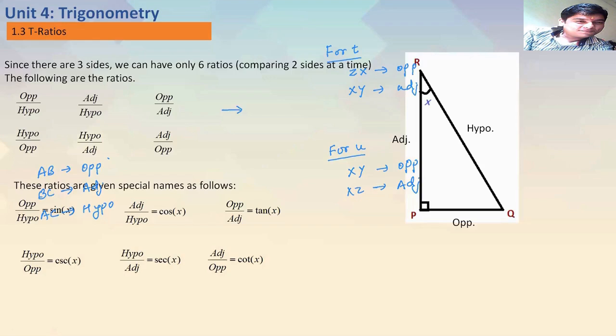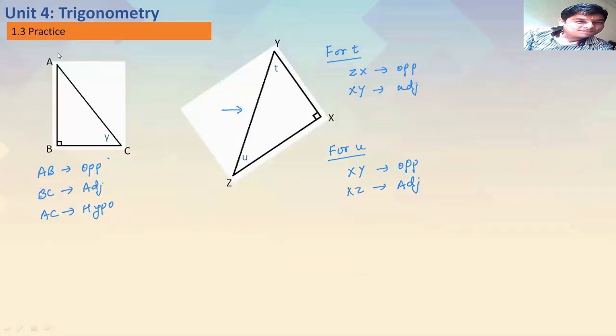Moving on, let's talk about the T ratios. You said that you know about the T ratios, right? There are 6 of them, but primarily we focus on the first 3. So for this angle Y, let's continue with this figure. If I tell you that I have a ratio AB over AC, what are you going to recognize this ratio as?